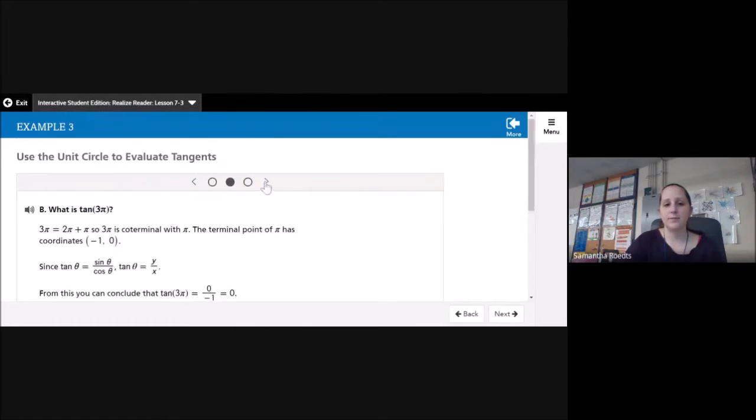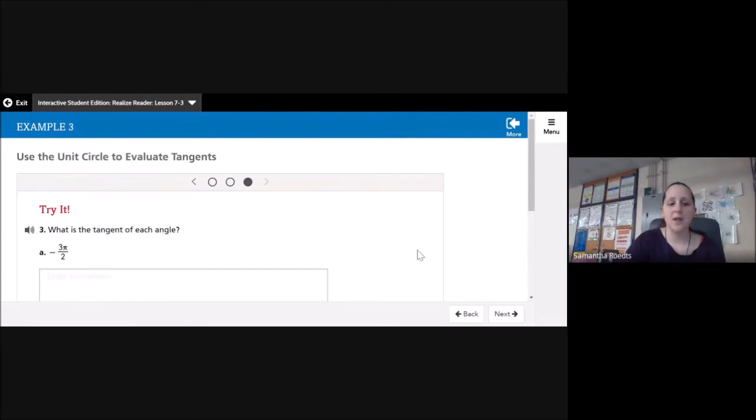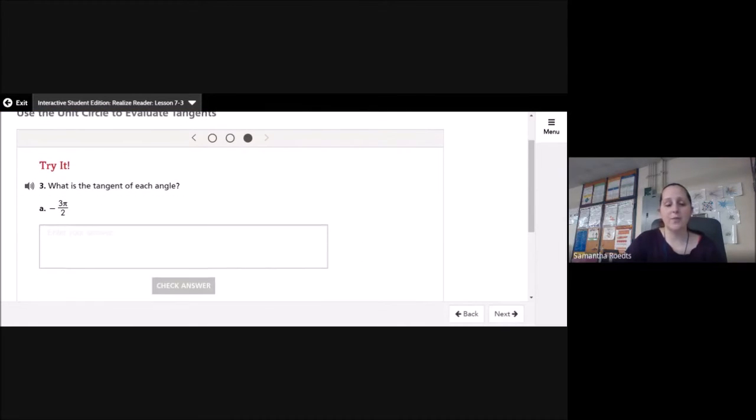All right, let's try it. What is the tangent of each angle? For A, I have negative 3 pi over 2. The tangent of negative 3 pi over 2, okay, so when I actually draw this on my unit circle, this is going to give me the y-axis, which gives me the point 0, negative 1.